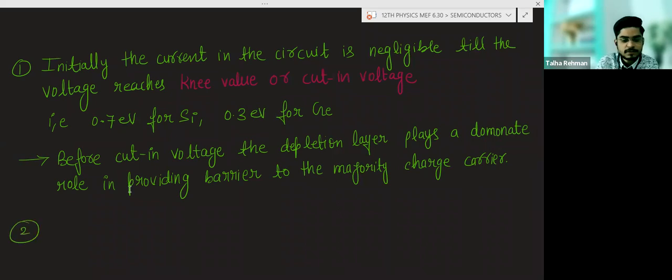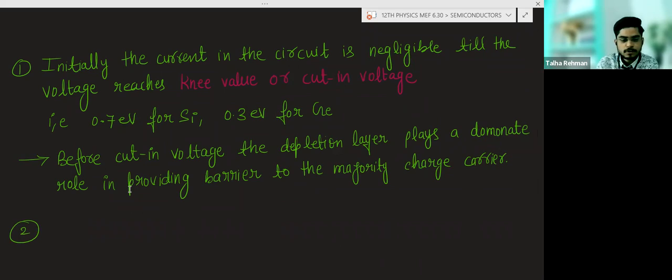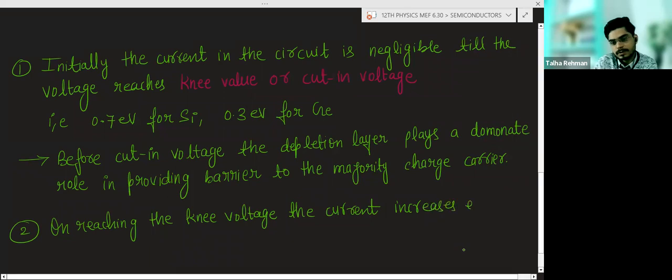Point number two: once the voltage reaches the cut-in voltage, or you can say on reaching the knee voltage, the current increases exponentially.